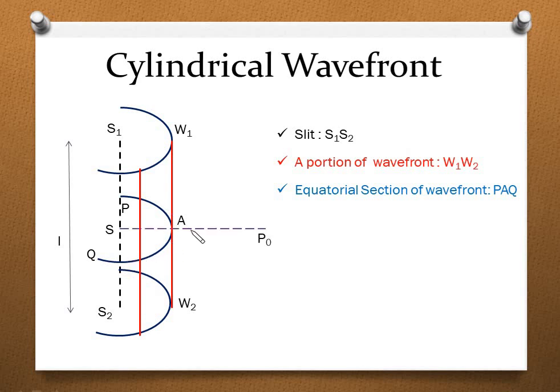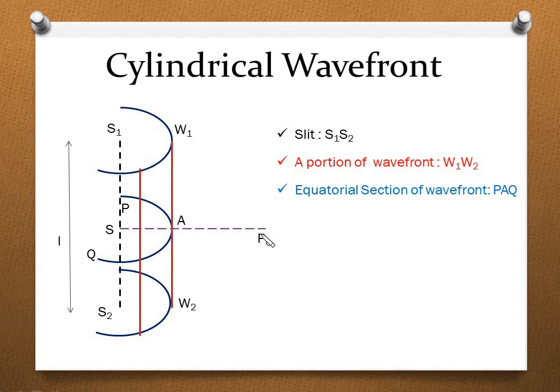Now suppose there is a point of observation P naught. We draw a perpendicular on the slit, with the position of this PAQ in the middle. S is the middle point of this slit, and P naught is the point of observation.